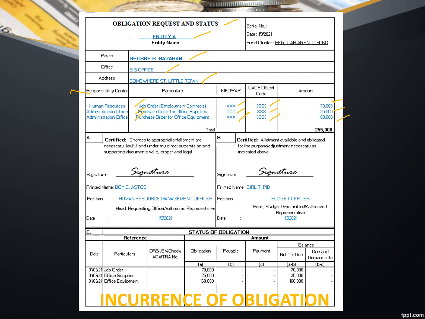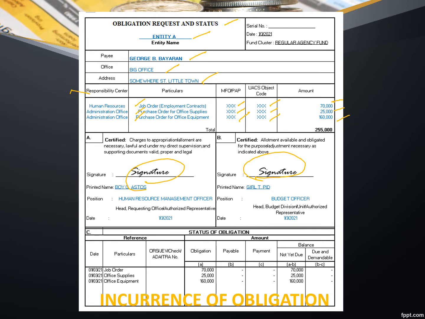The head of the requesting unit shall certify the necessity and legality of the obligation, and the validity of the supporting documents. While the head naman ng budget office or yung budget division shall certify the availability of the allotment.